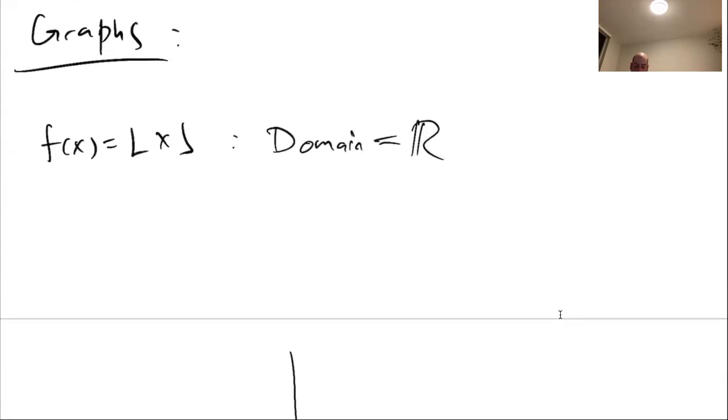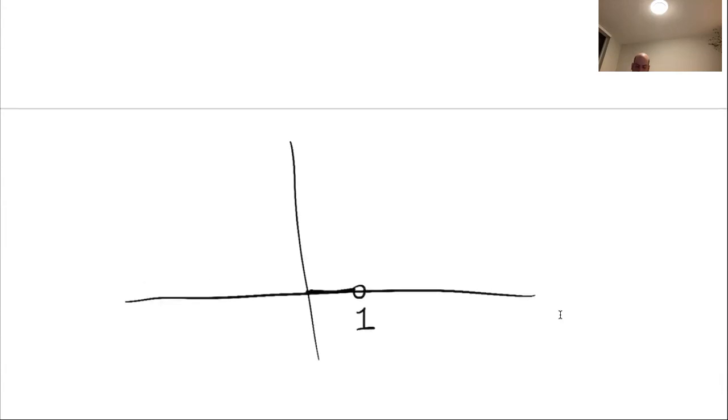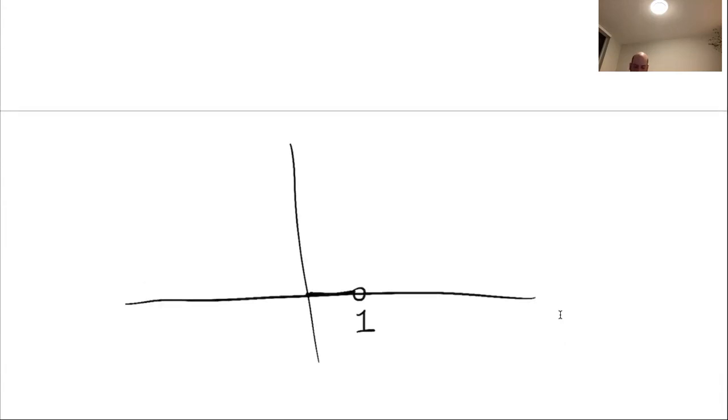And then we can look at the graph. So if x is between 0 and 1, floor of x is 0. Right? The floor of x is equal to 0 if x is between 0 and 1.